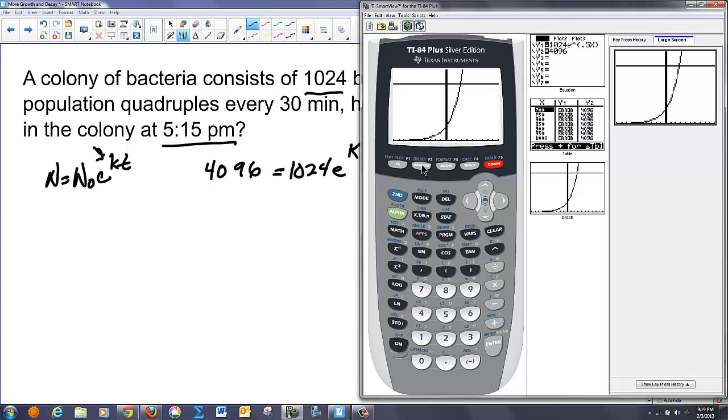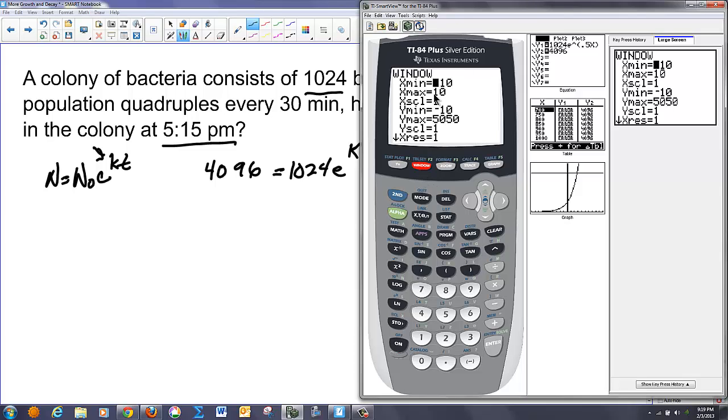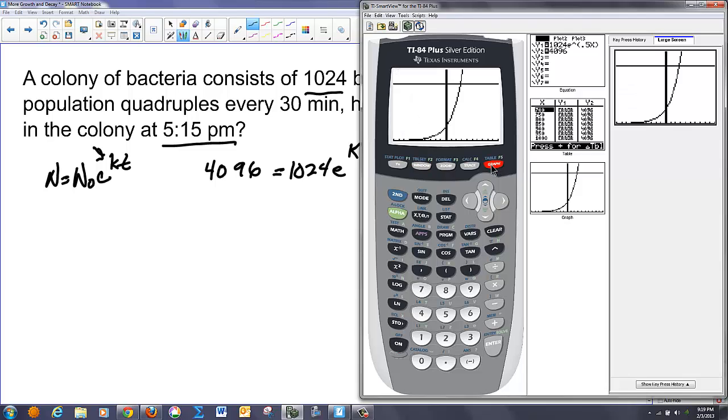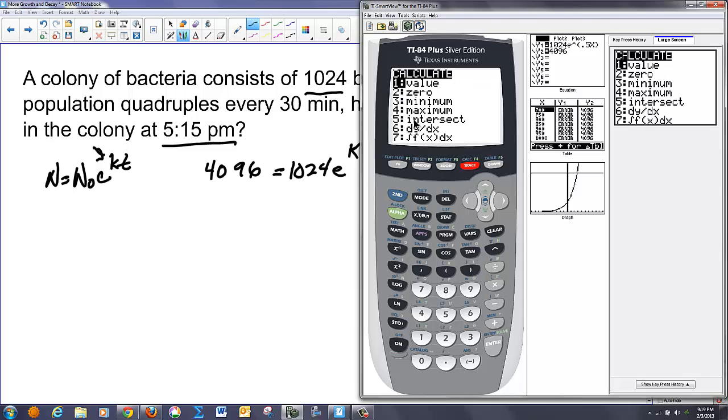Now I set my window to go from -10 to 10 for x's and -10 to 5050 for y's because I know they have to intersect at 4096 somewhere, and that's why I'm able to get the picture here. So to find this intersection, I go second, calculate, and I go to intersect, number 5.